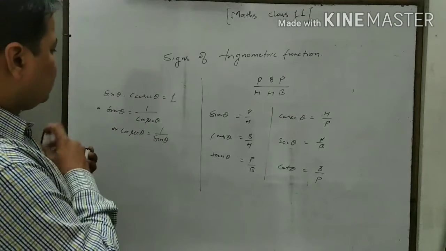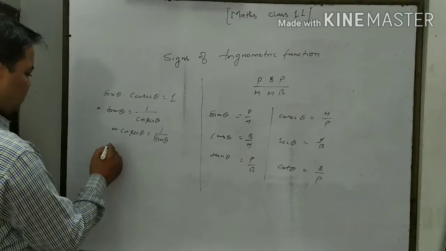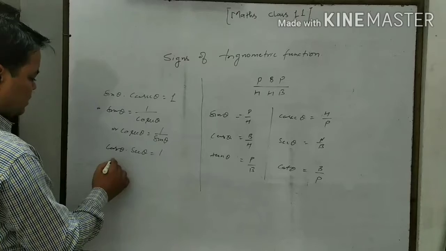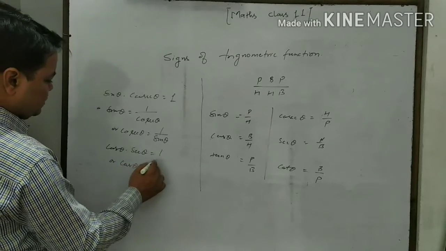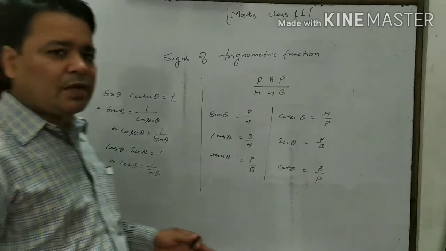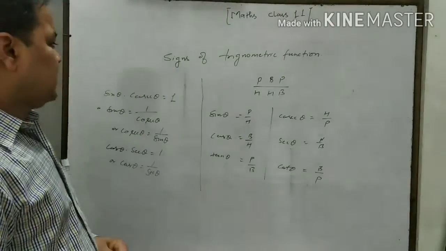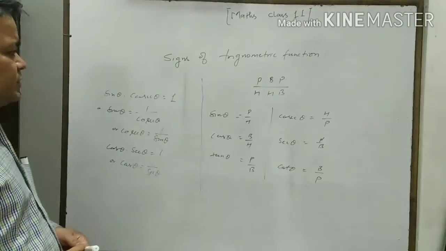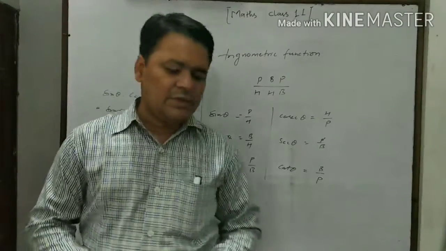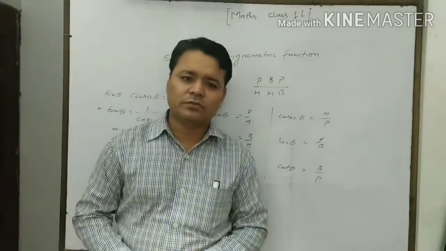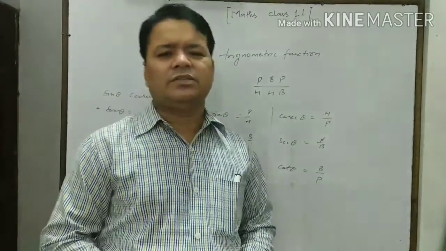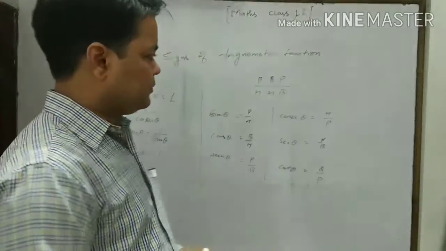Similarly, cos theta into sec theta is equal to 1, or cos theta is equal to 1 by sec theta, or sec theta is equal to 1 upon cos theta. The last reciprocal relation is tan theta into cot theta is equal to 1. Tan theta is equal to 1 upon cot theta, or cot theta is equal to 1 upon tan theta.